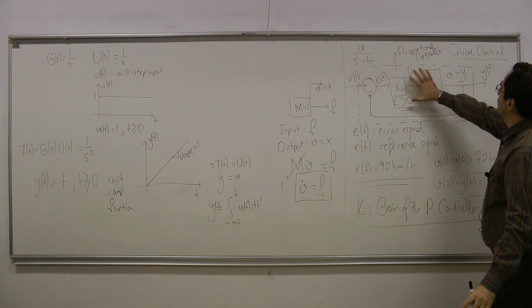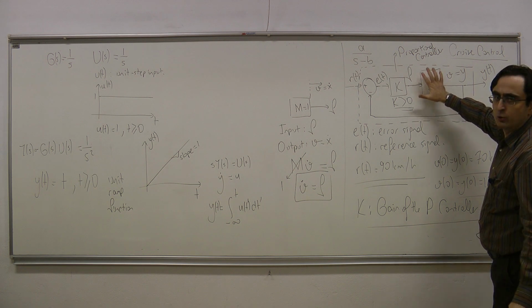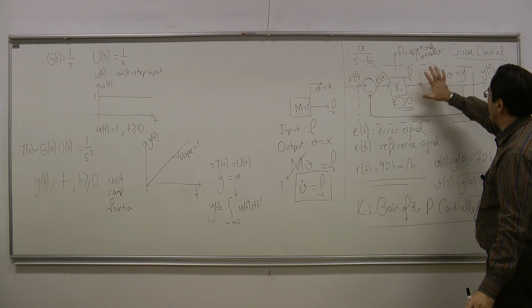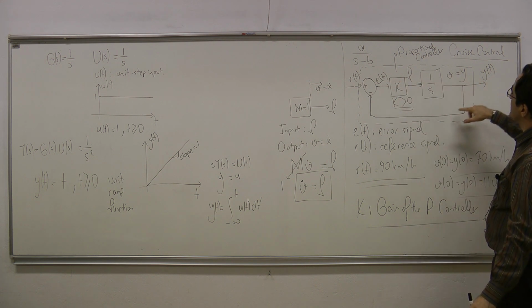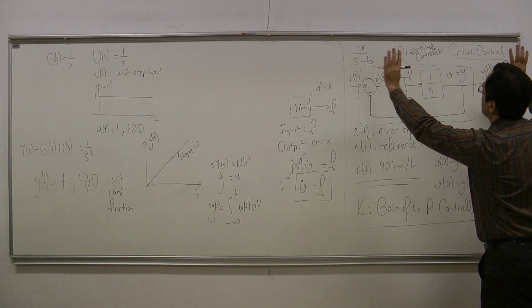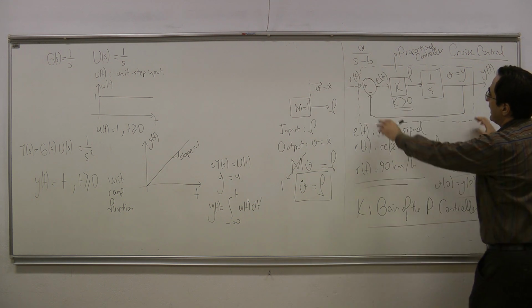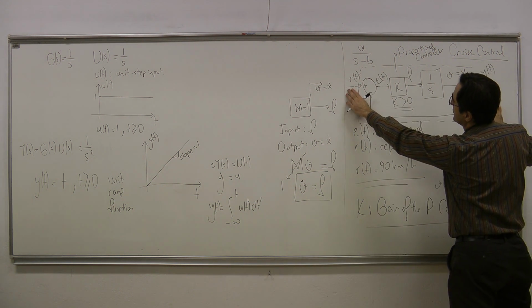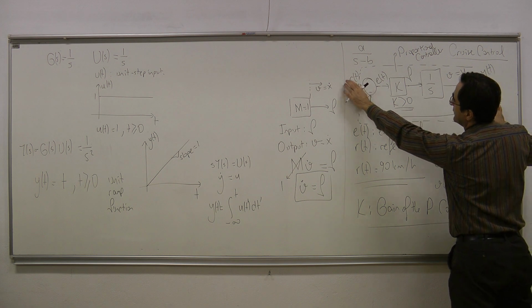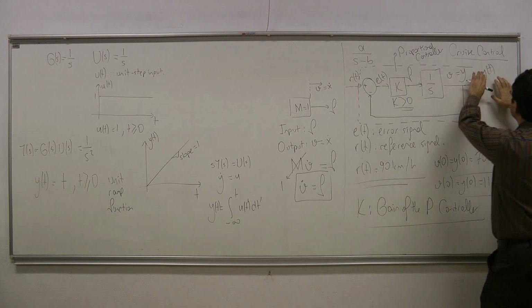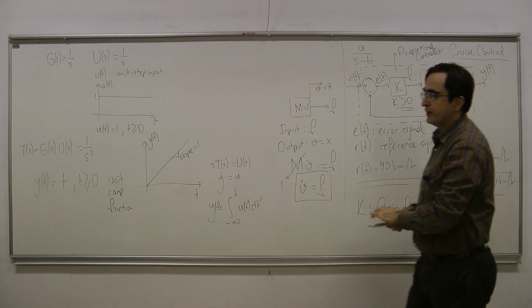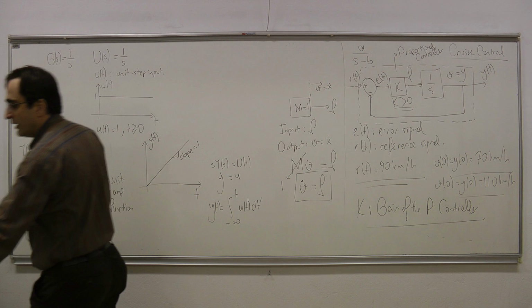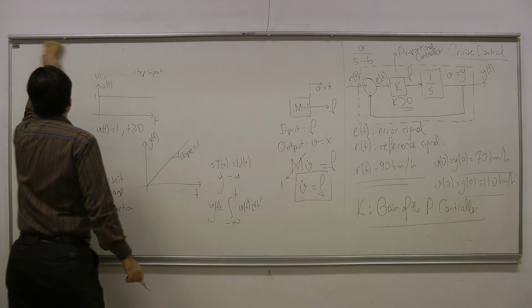So I have the actual system here, which is the open loop system. This 1 over S is my open loop system, and we connected it in a feedback loop, which gave us a closed loop system. And in this case, the input of the closed loop system is this reference signal R of t, and the output of the system is still Y of t, which is the velocity of the car that we would like to control.